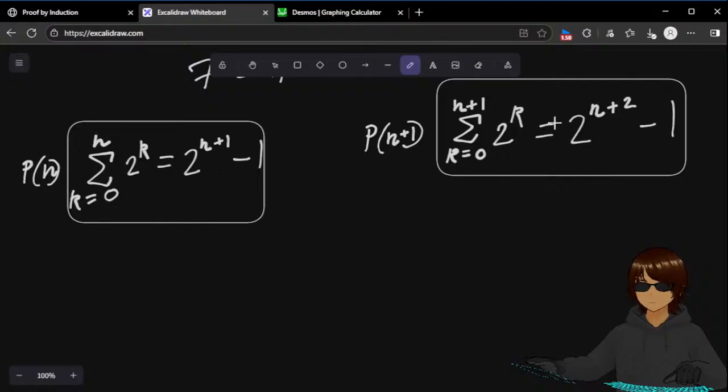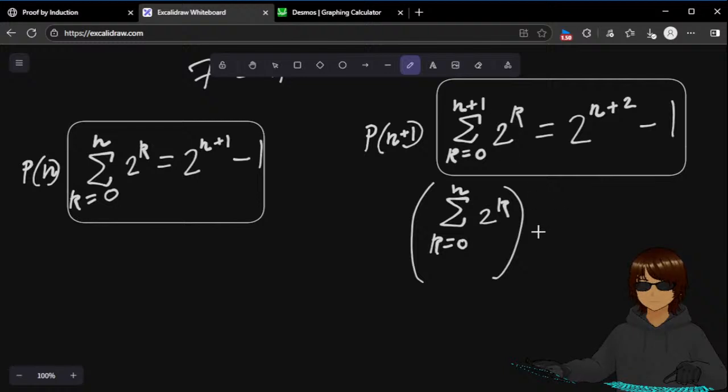So from this side, we have the sum with k equal to 0 to n, plus 2 to the power of n plus 1.